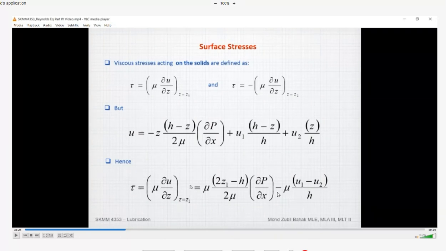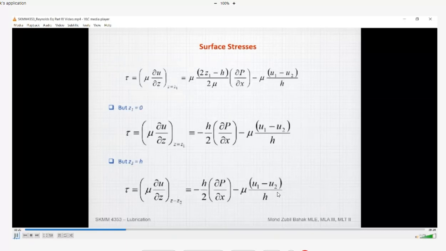So tau now is equal to mu, if I put a parenthesis here, 2z1 minus h divided by 2 mu partial p partial x, minus u1 minus u2 divided by h, and close the parenthesis at the end here. Then we put the tau at z equal to z1 and we have the equation here.